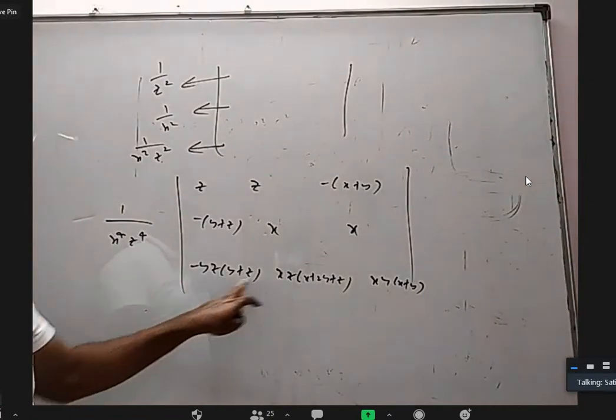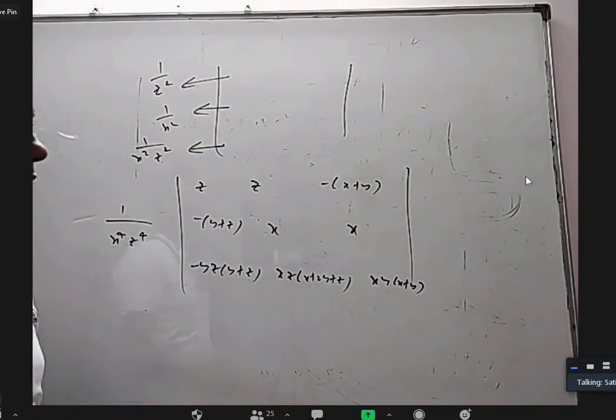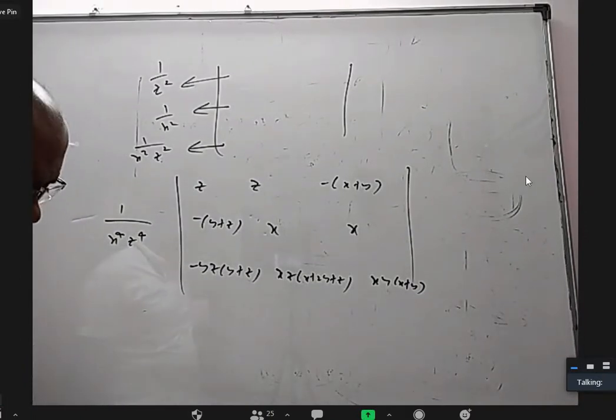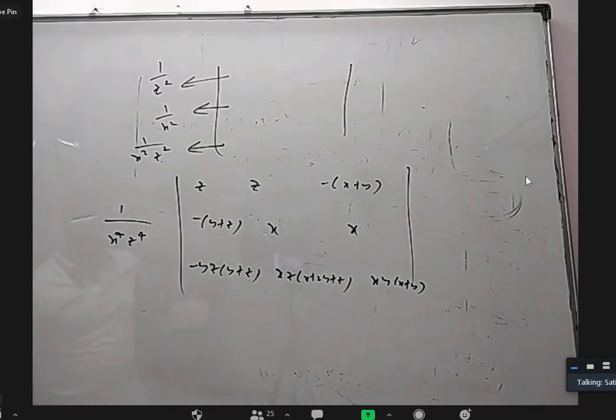I will get only y common. I'll get zy plus z square and xy plus x square, that too, plus zy plus z square, xy plus x square.